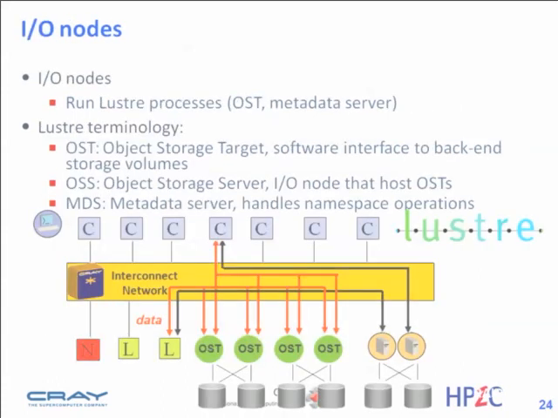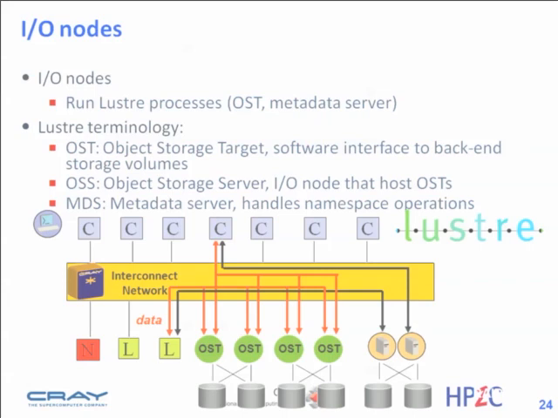Another set of nodes are the I/O nodes. So you see, for example, the C are the compute nodes. Then there is the interconnect in between. And then you have other nodes, for example this one, where some I/O components are running. We use a Lustre parallel file system, and these service nodes run part of the software that is required to provide I/O support for the application.